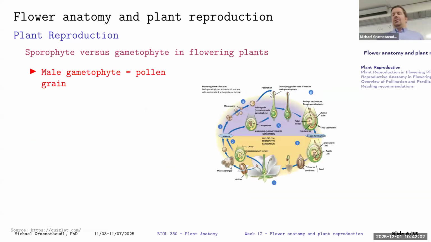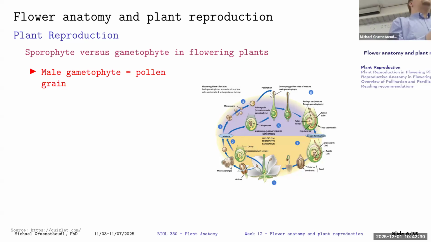So in the flowering plants, these were the ferns because there we can actually see them. But now in the flowering plants, here, what would be the male gametophyte? The pollen grain. What would be the female gametophyte? Before I show this on the screen, do you guys know what would be the female gametophyte?